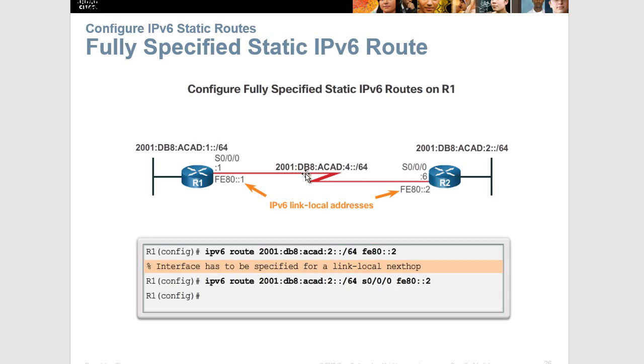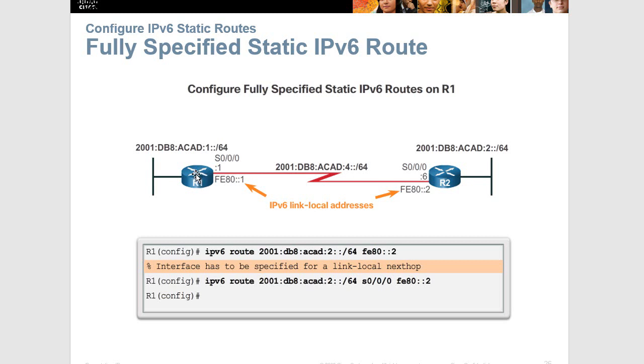These link local addresses are only unique on their specific network. So these two are only unique to the network that connects them. R2 off to the right could also have an FE80::2 over here, as this link local could have a FE80::2 on the bottom, FE80::2 at the top. You could have multiple interfaces with FE80::2 on it.